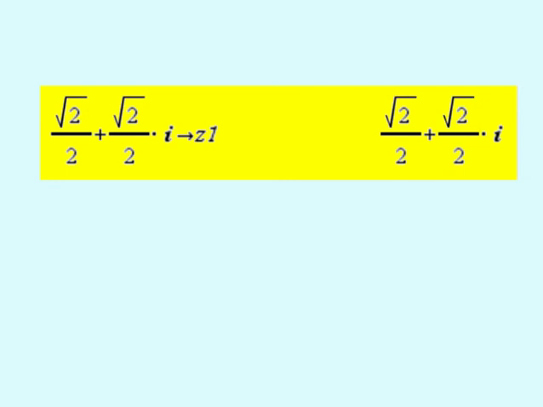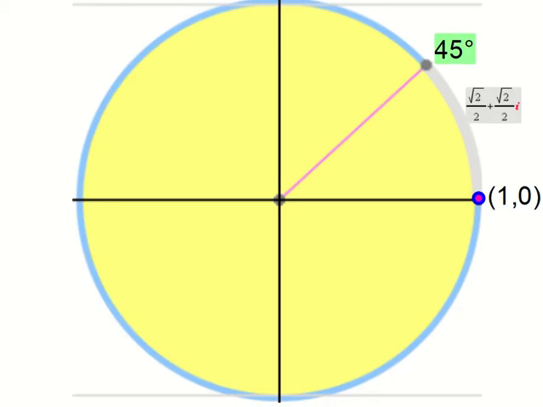So radical 2 over 2 is your x-coordinate. Radical 2 over 2i is your y-coordinate. So we start at the origin and we rotate 45 degrees. And we get to the point radical 2 over 2 plus radical 2 over 2i.